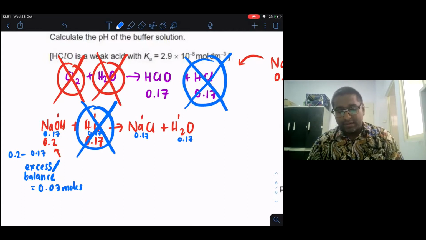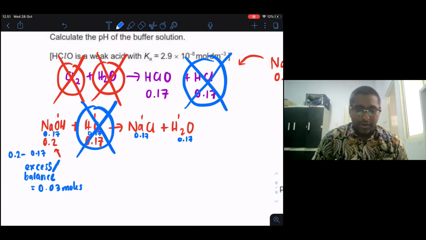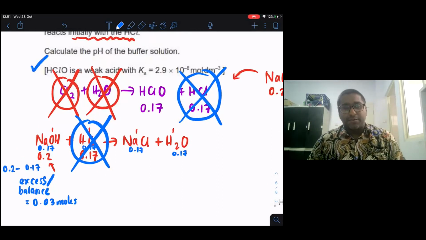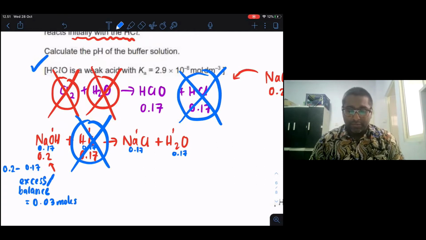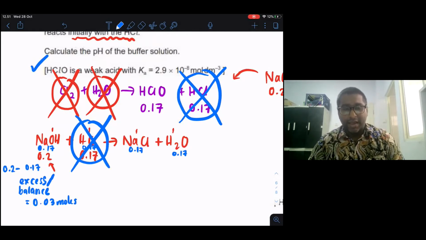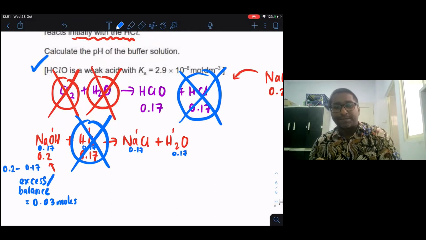And we know that this is going to be HClO. They have mentioned over here, it's a weak acid. So now you have 0.17 moles of HClO, which is a weak acid, and acid should react with base. I have 4 substances here: weak acid, sodium hydroxide, sodium chloride, and water.